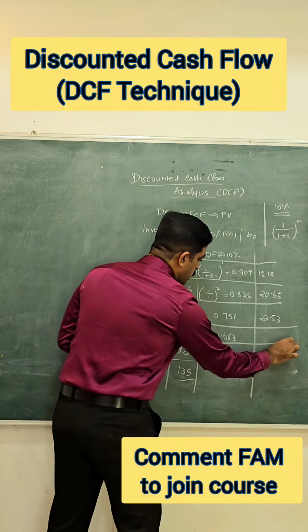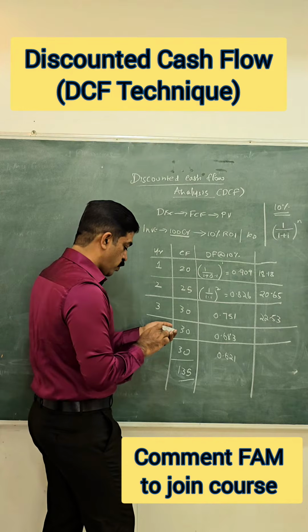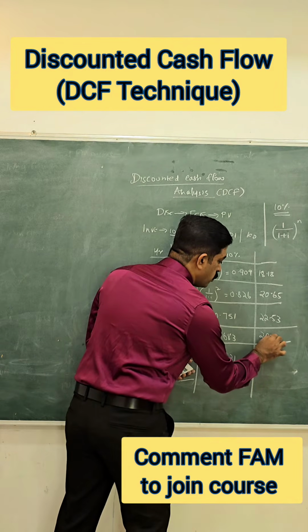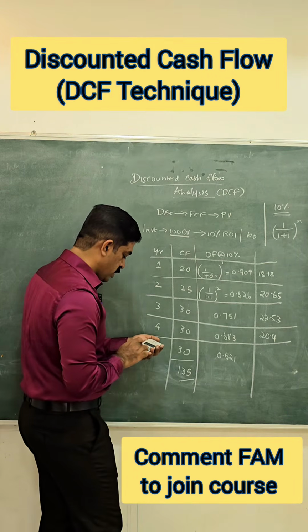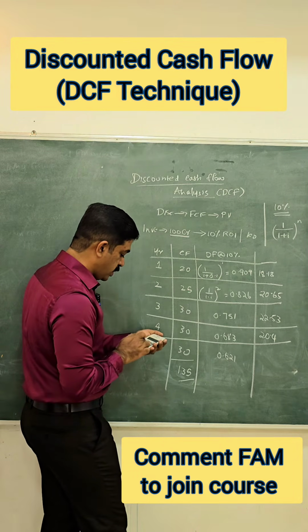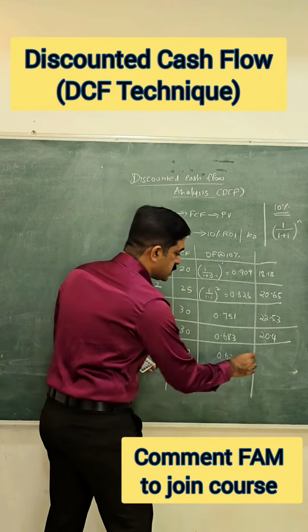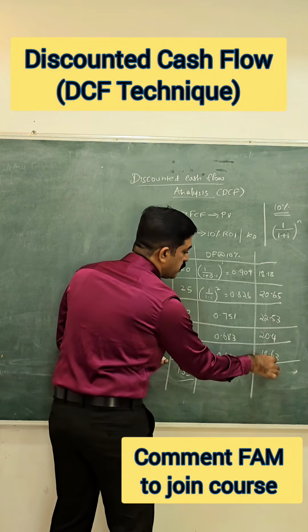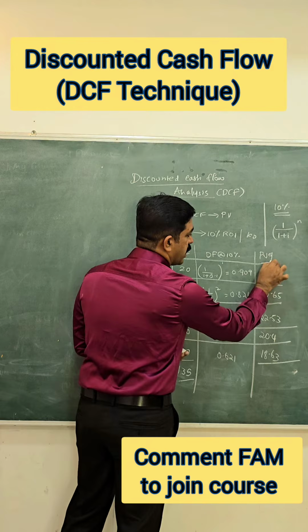Year 4, it is 30 into 0.683 and it is 20.4. And year 5, it is 30 into 0.621 and it is 18.63. Let me total all the 5 years. These are all present value of cash flows.